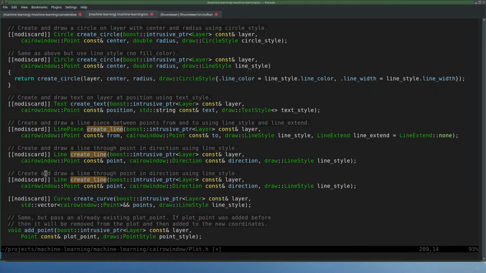Create and draw a line through, according to the line.